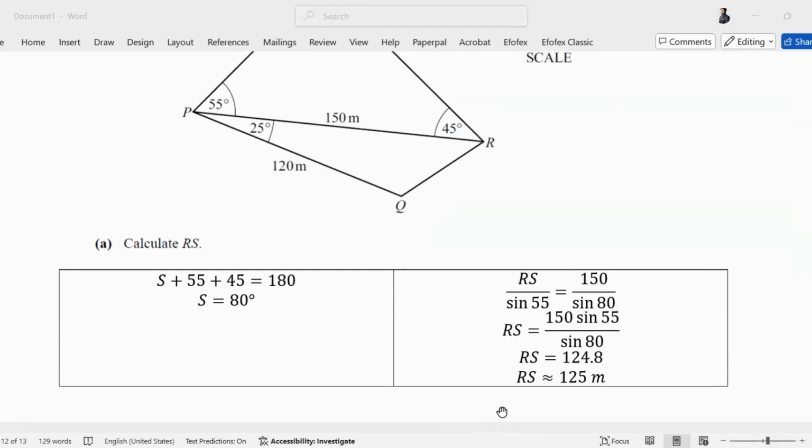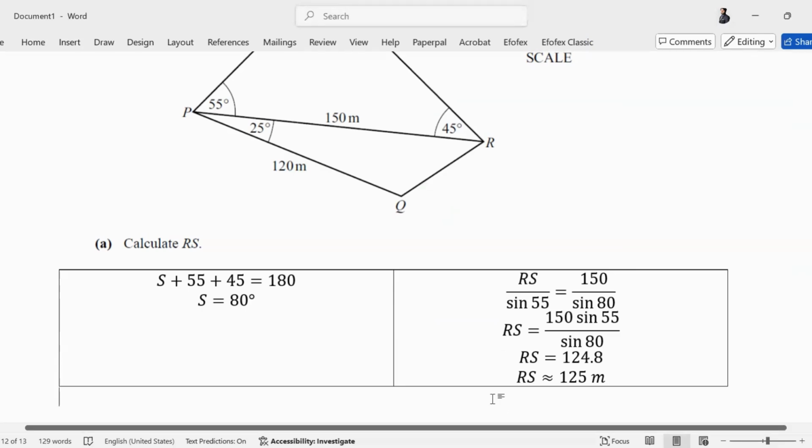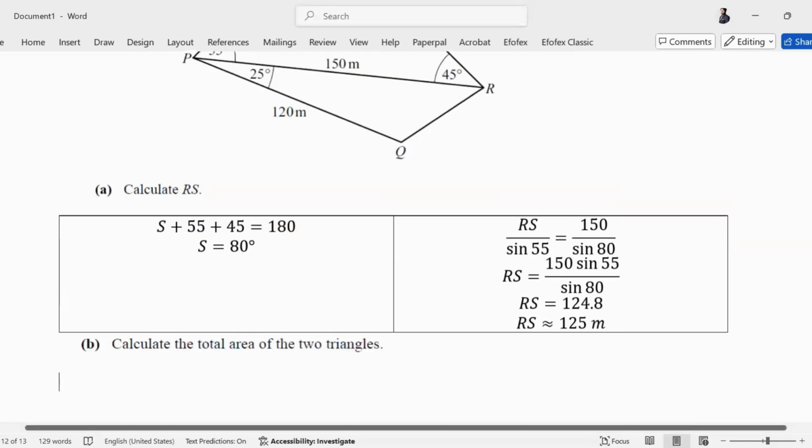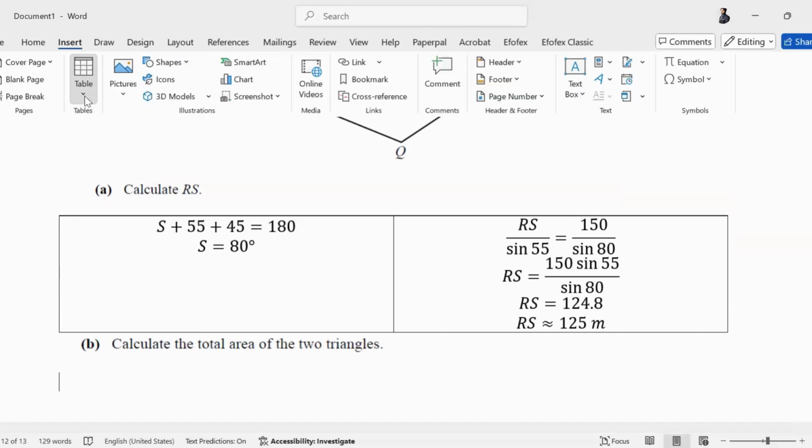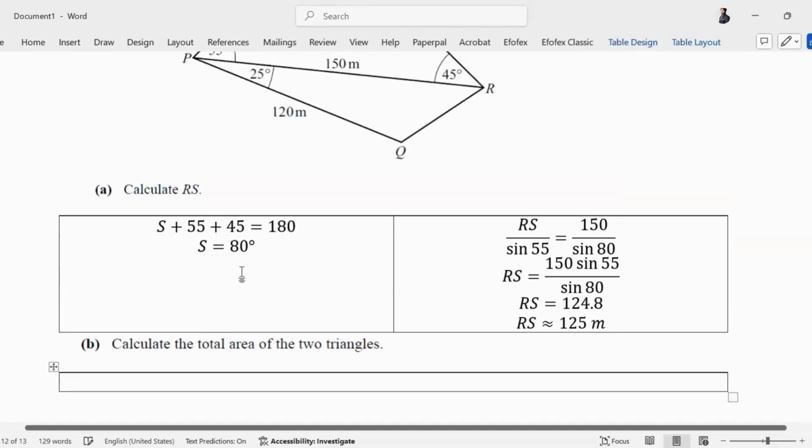Moving on to the second part, calculate the total area of the two triangles. Area can be found using half ab sine C. Make sure ab sine C means two sides and the angle between those two sides.